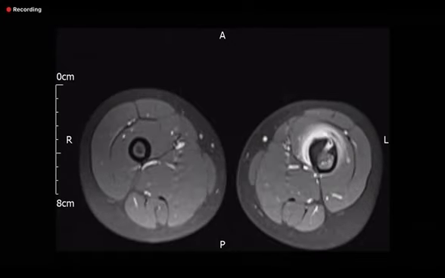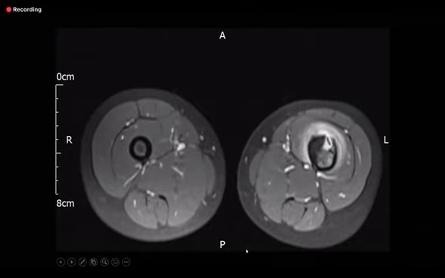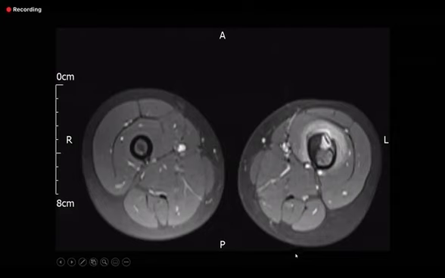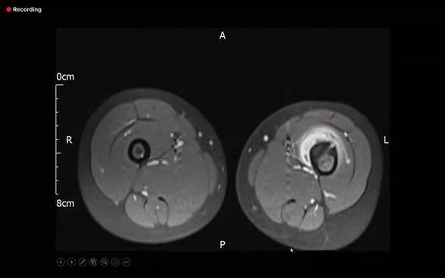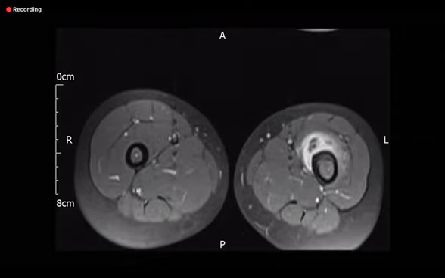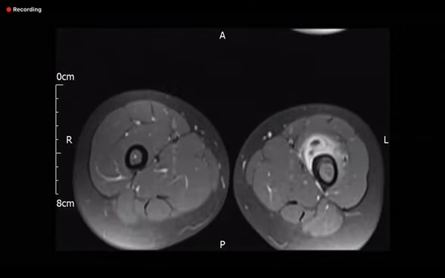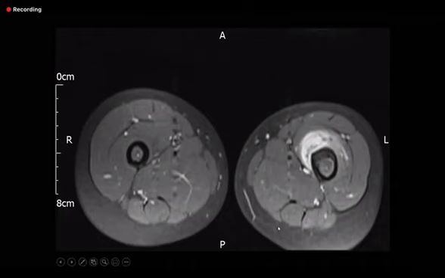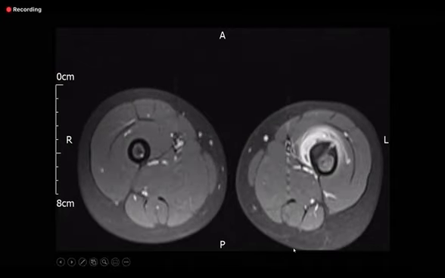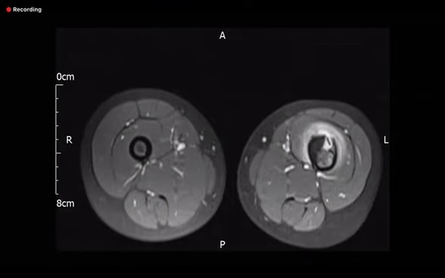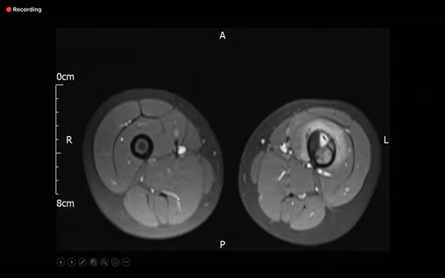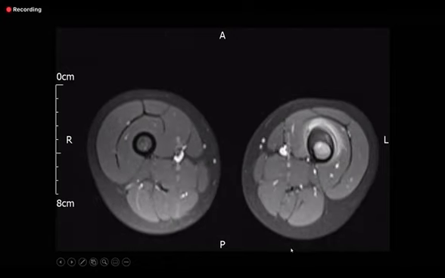I think given the cortical breach and the abnormal signal surrounding the left femur, I wouldn't really expect that with an osteoid osteoma, to see abnormal signal in the soft tissues as present on this image. I think I would have to include aggressive processes such as an osteomyelitis picture, given this appearance with cortical breach and then associated soft tissue components.